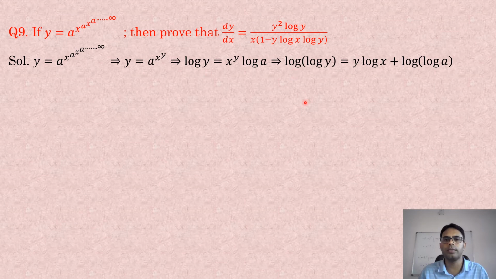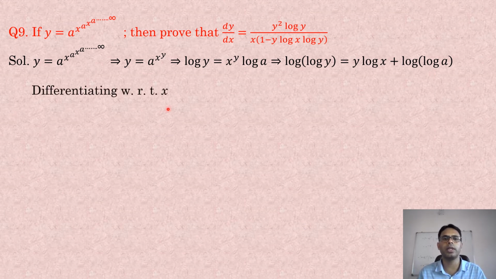On the right hand side, log of x to the power y is simply y log x. This product is converted to plus using the property of logarithm, and this term is log of log a. It is a product here, so log of x to the power y plus log of log a. But log of x to the power y is simply y into log x, plus this log of log a is remaining the same. Now you take the differentiation.